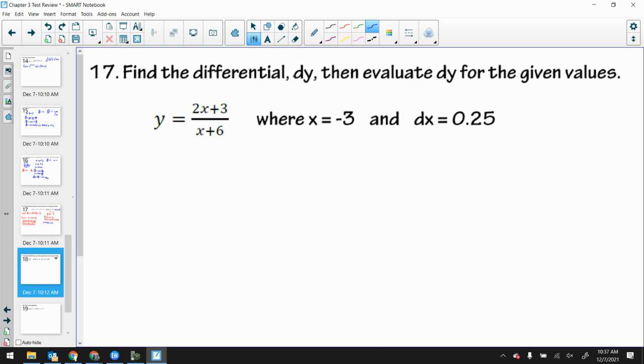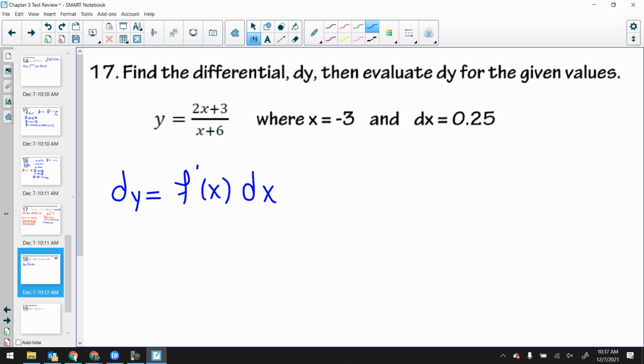Now remember that the differential equation is basically saying dy is equal to f prime x dx. That's our differential equation. The differential on y is equal to the derivative times the differential on x. Okay, well, the differential on y is what we're going to evaluate, right? That's what we're finding. So let's find f prime x.